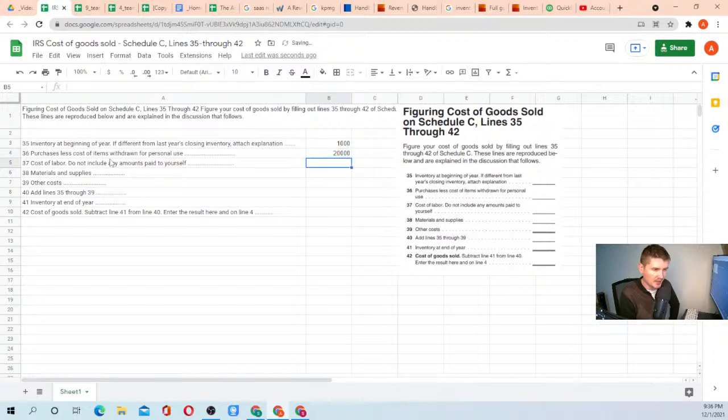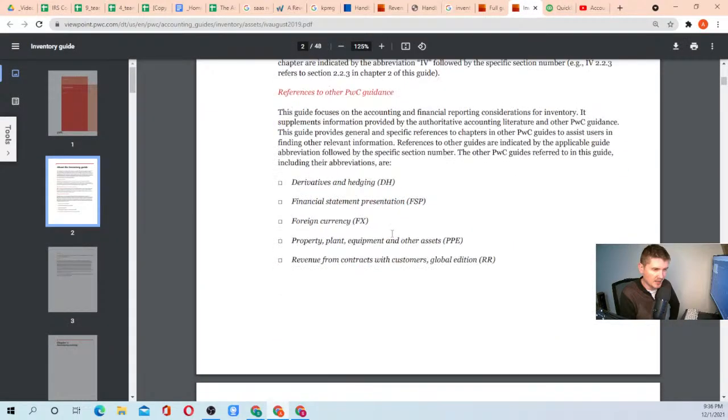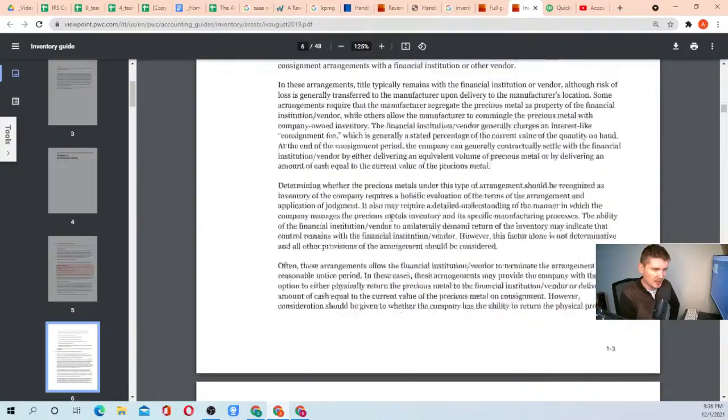You allocate some labor to the inventories. You actually need to know some cost accounting. It's a separate discipline. You need to know some cost accounting to be able to allocate amounts properly. You allocate some materials. So all these allocations from the IRS are basically the same as we have in the inventory guide.